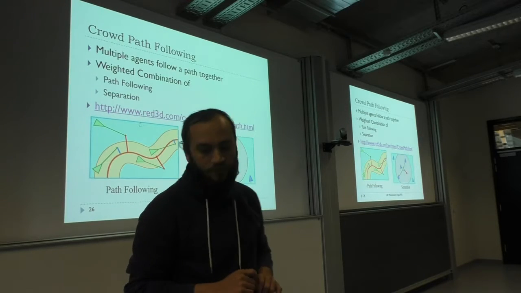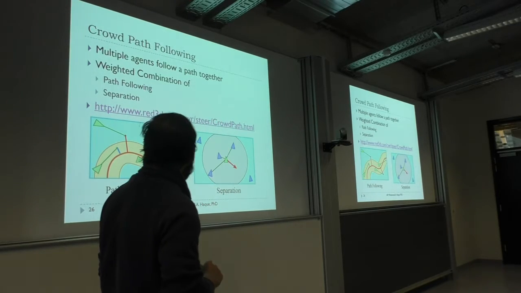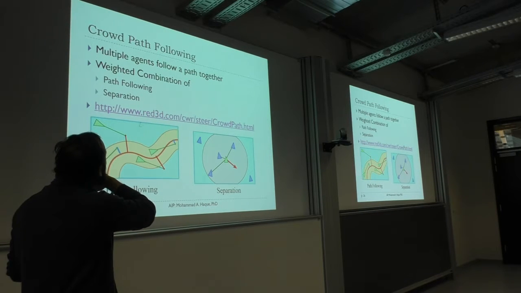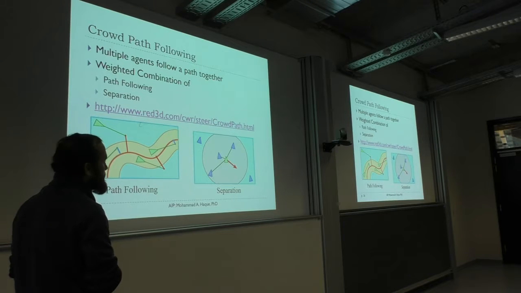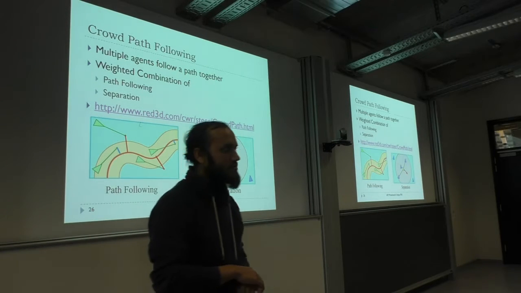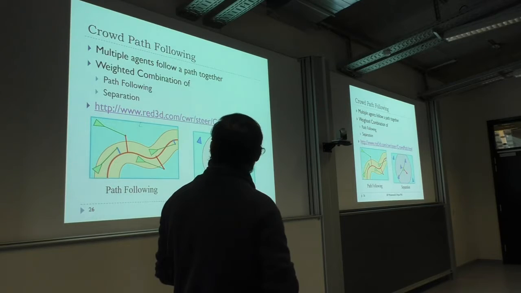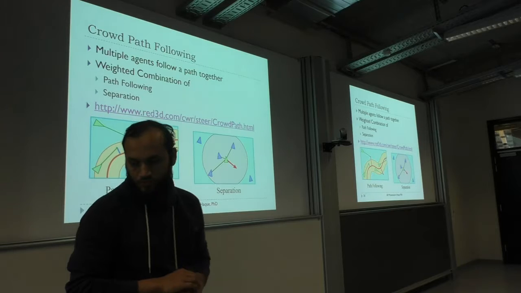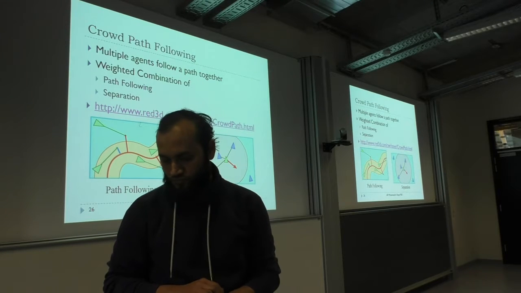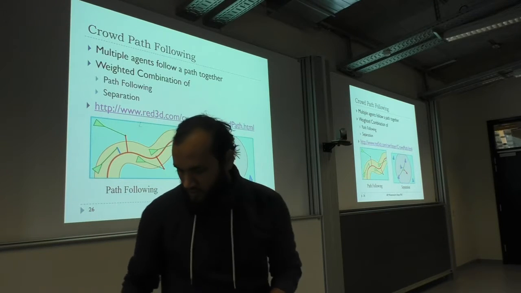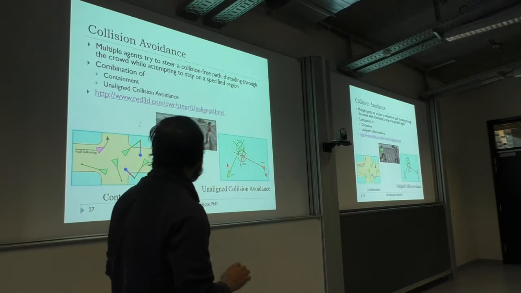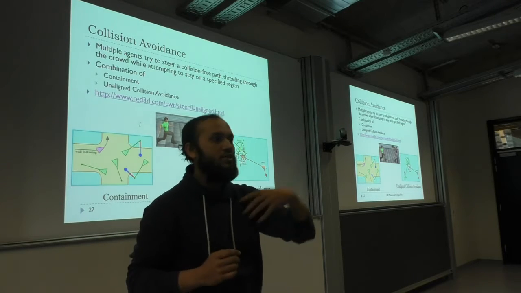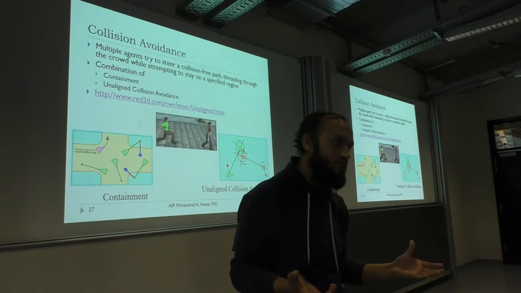What is crowd path following then? Crowd path following is kind of, what can I tell? I think here I can give a good example. Let's say this is a path, or this is a door. We are intelligent agents, maybe artificially created.